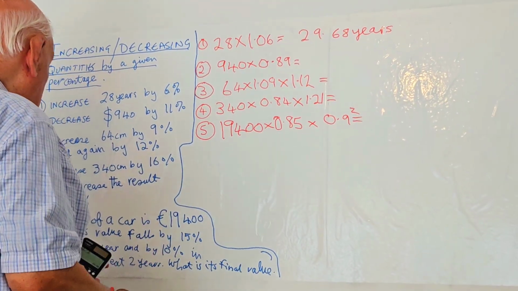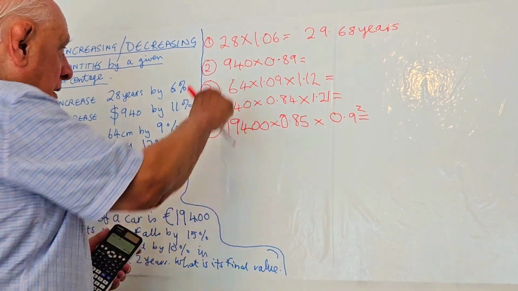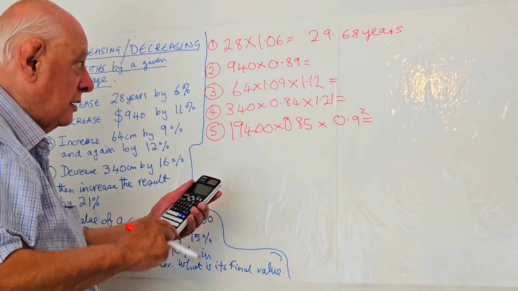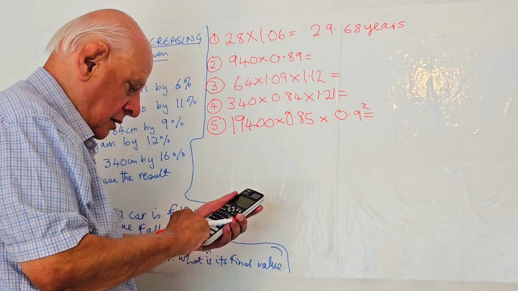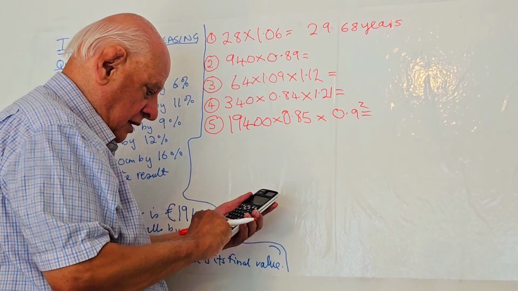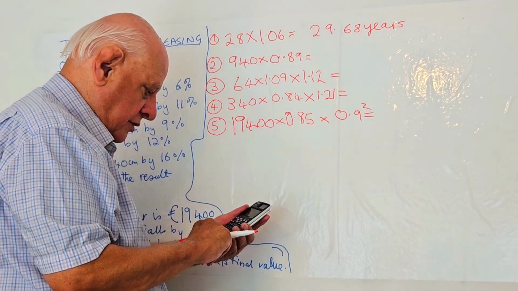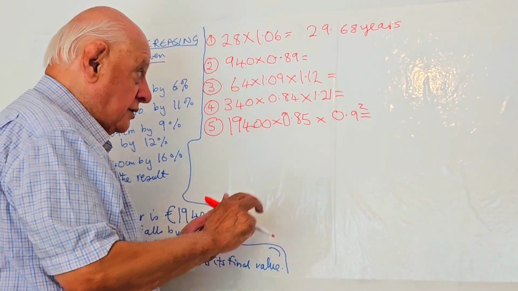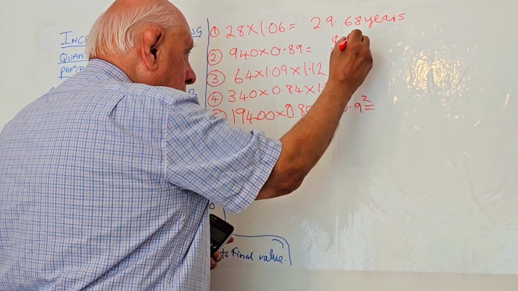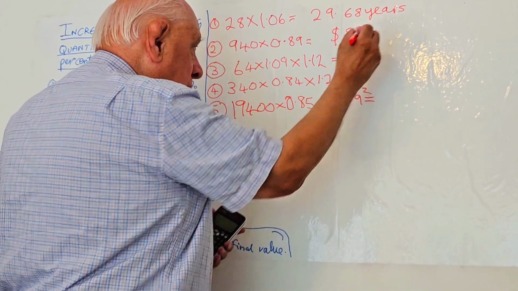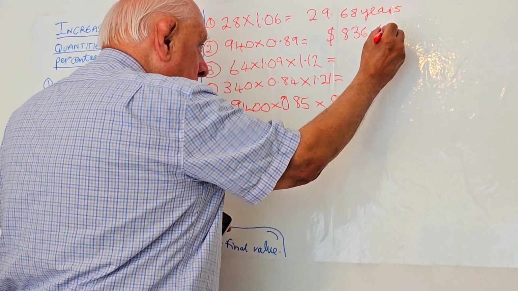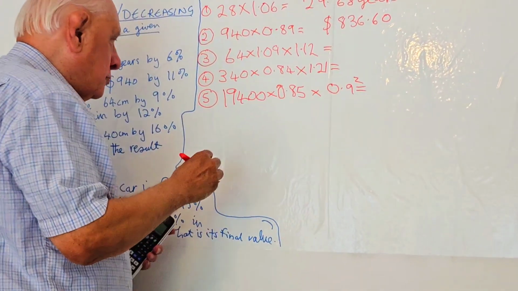The second one is that one there. That'll be in dollars. So that's 940 times 0.89, which comes to $836.60.